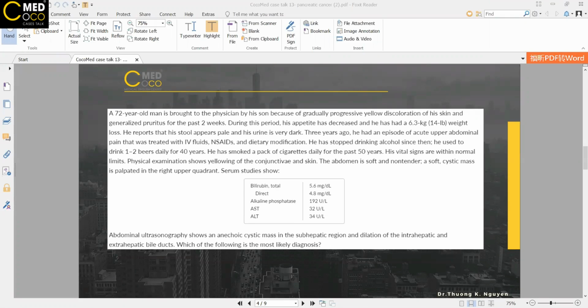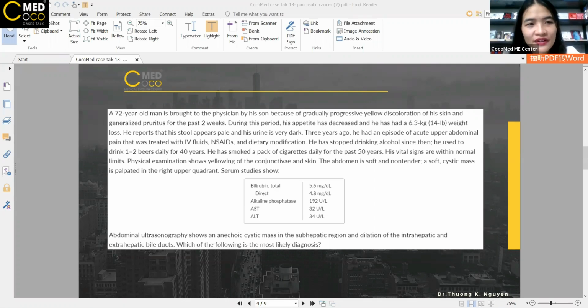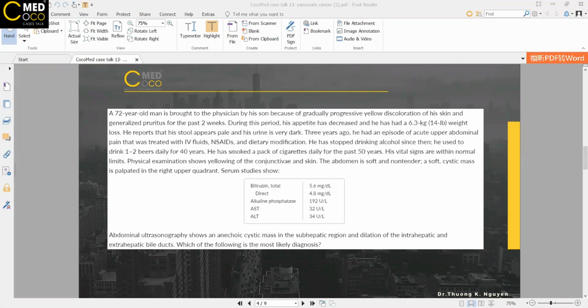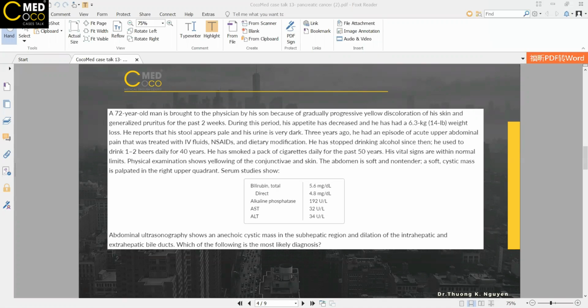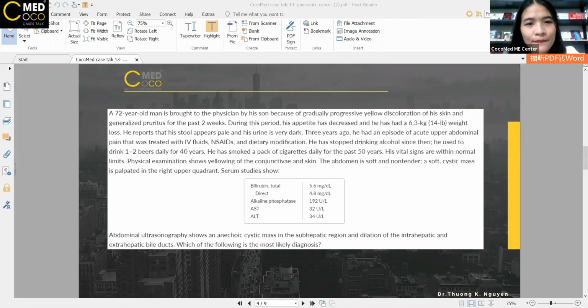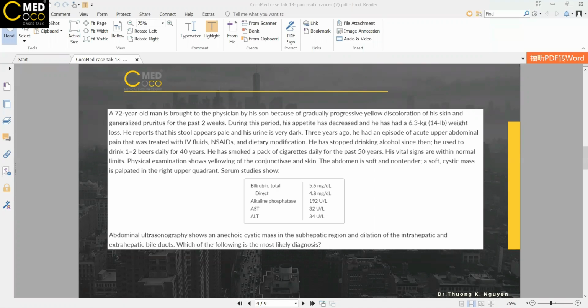Abdomen is soft and non-tender. Palpation in the right upper quadrant shows a mass.